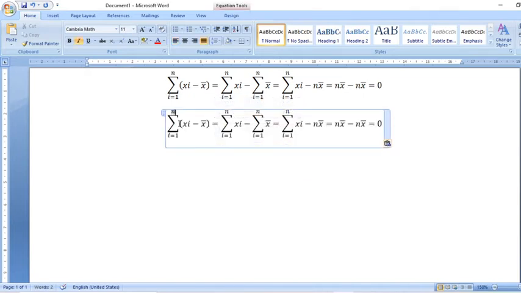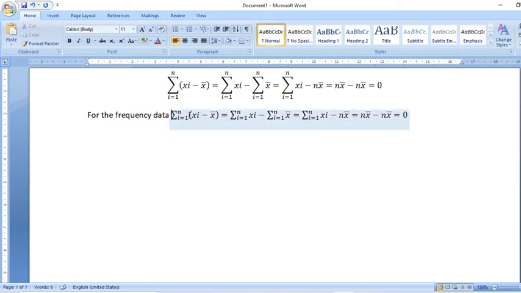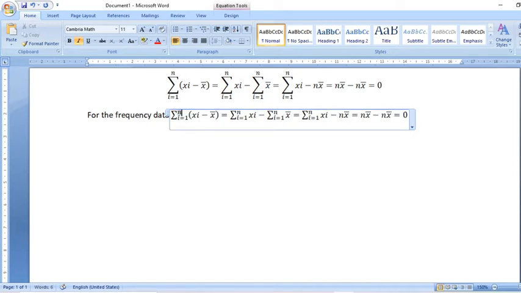So for the frequency data, summation i from 1 to n of fi into xi minus x bar equals summation fi xi minus summation i from 1 to n of fi x bar.